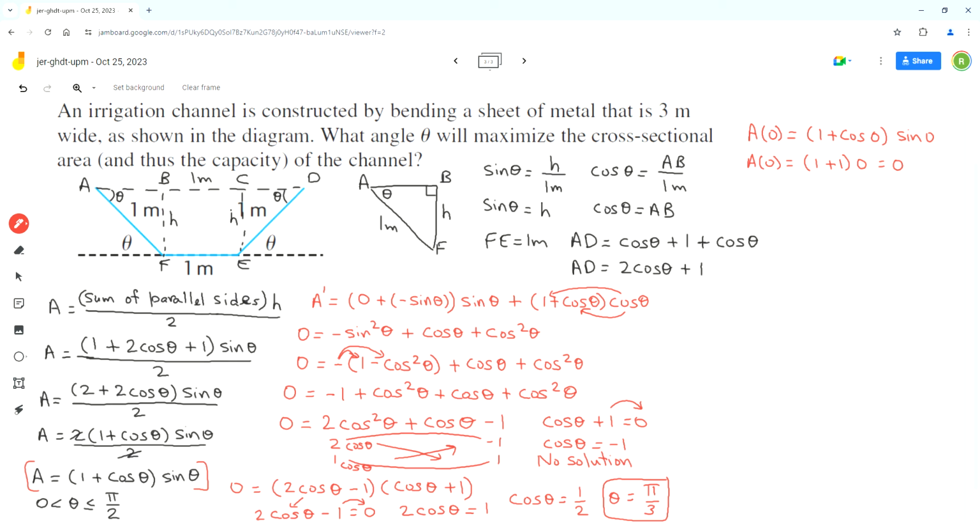Now we can do the calculation for theta equals pi over 3.